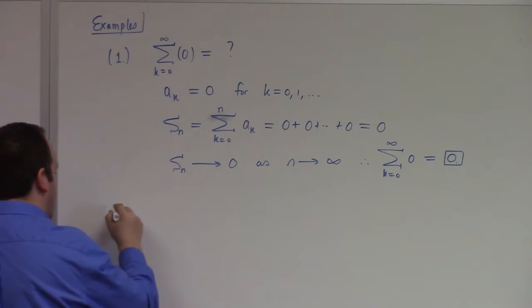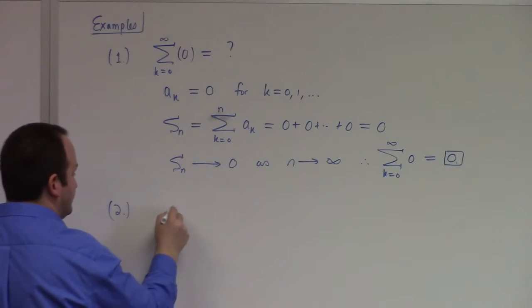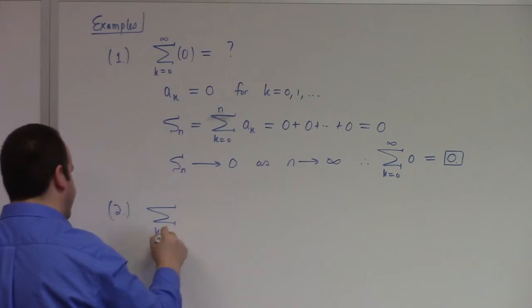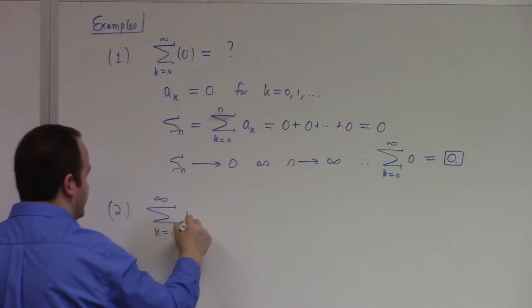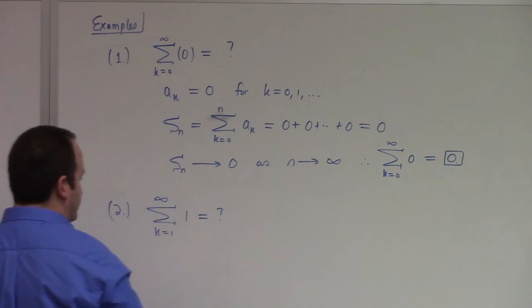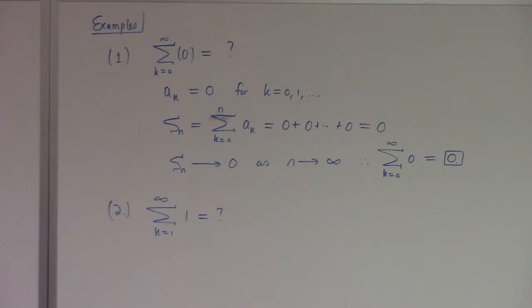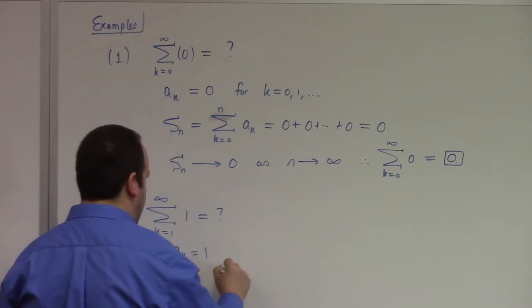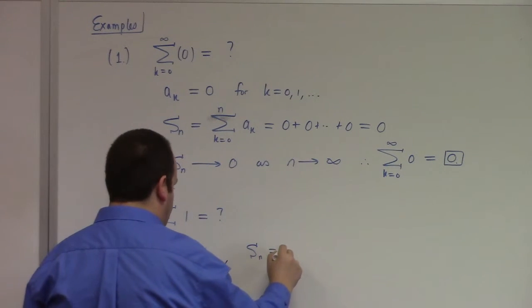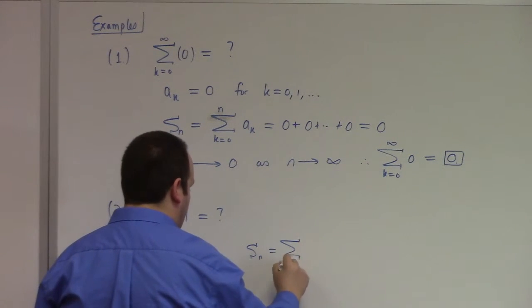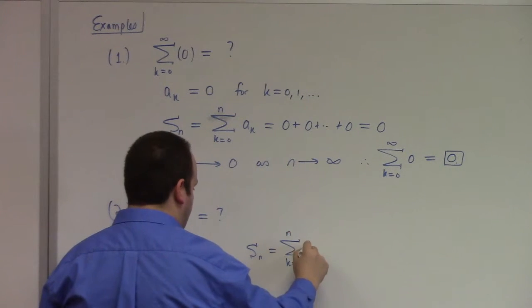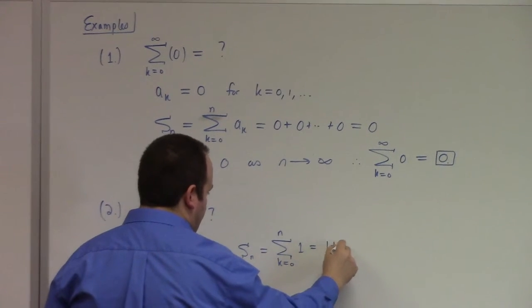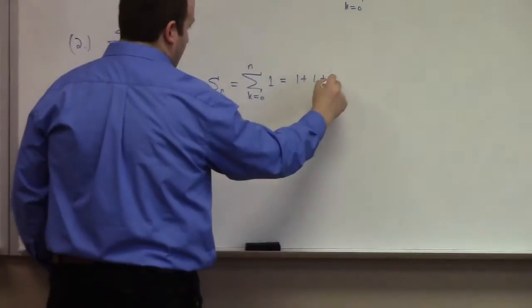What happens if we add the number 1 together infinitely many times? What's the nth partial sum if we're just adding 1 repeatedly? So here a sub k is equal to 1. Then what's s sub n? It's equal to the sum k equals 0 to n of 1, which is 1 plus 1 plus 1 plus and so on plus 1.